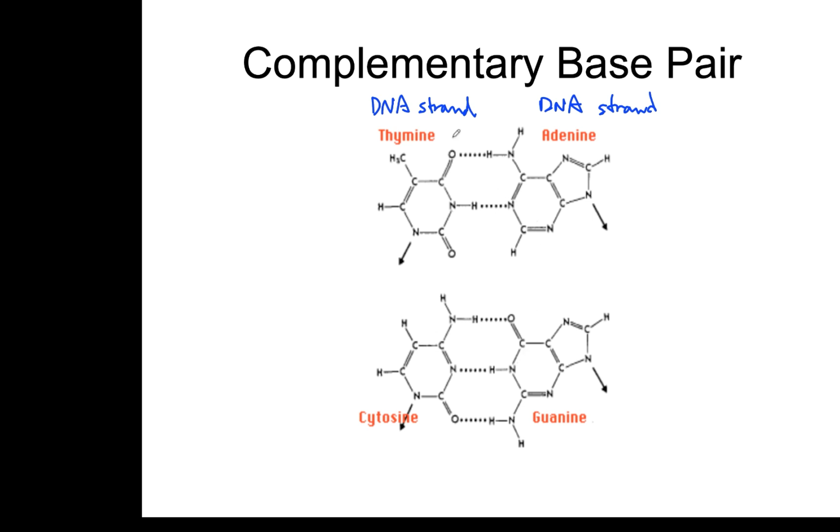So this is the rule. In other words, when you know the base sequence of one DNA strand, you can automatically pull out the base sequence of the other DNA strand, because thymine always binds with adenine, and cytosine always binds with guanine according to the number of hydrogen bonds.